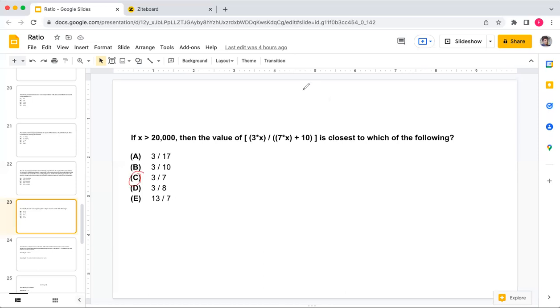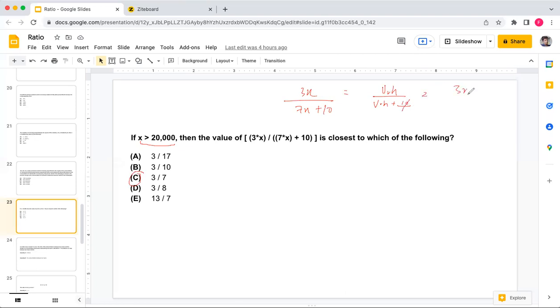Yes. We have 3x over 7x plus 10. Actually, x is a very large value, 20,000, right? So a very high value divided by a very high value plus an extremely small value 10. So 7 into 20,000 is very much greater as compared to 10, so we can straightforwardly neglect 10.